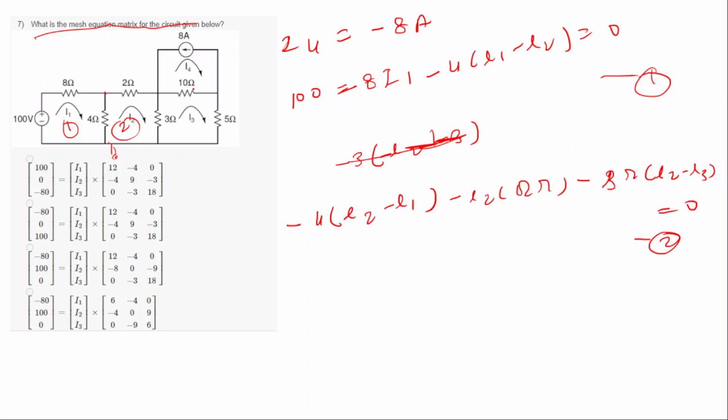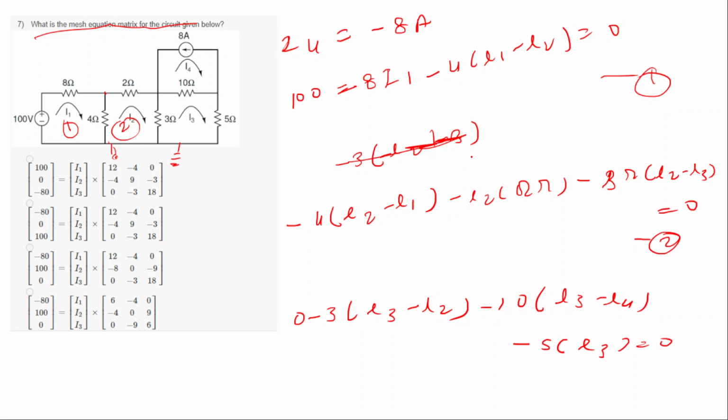If we start moving from here to here, it will be 0 minus 3 times I3 minus I2, minus 10 times I3 minus I4, minus 5 times I3 equals 0, and I4 we already found, this is minus 8.